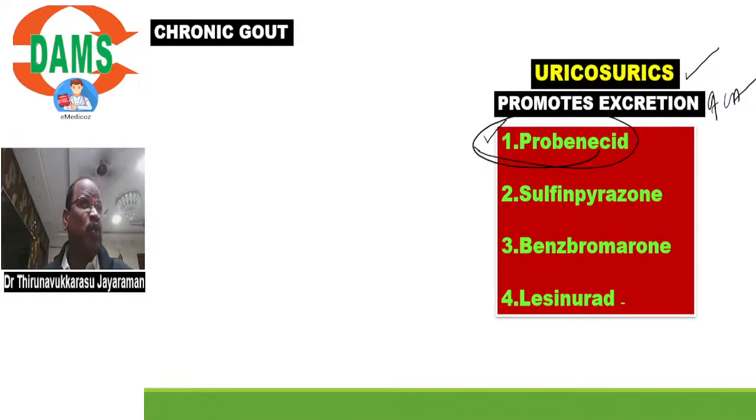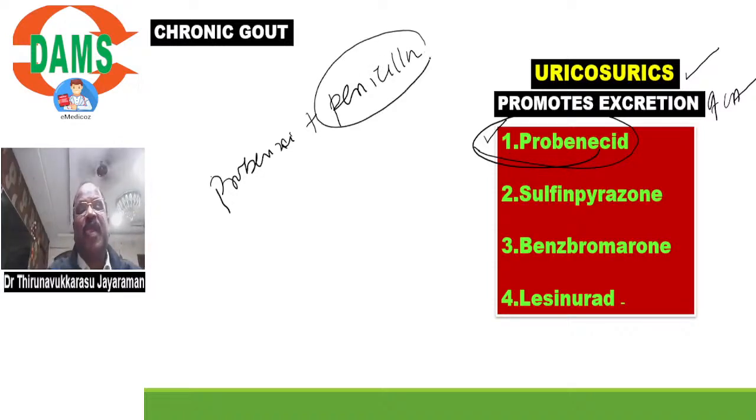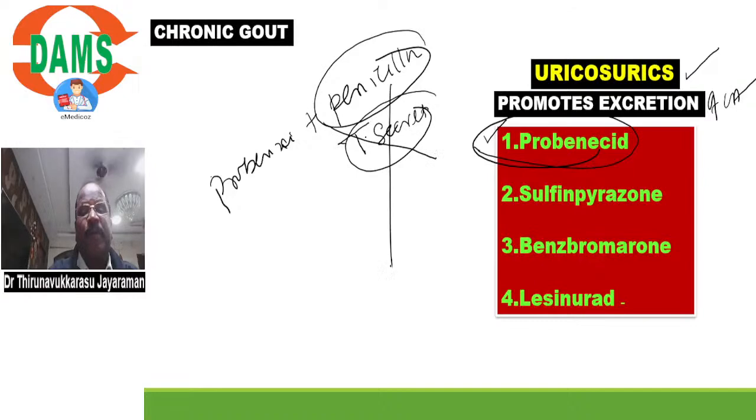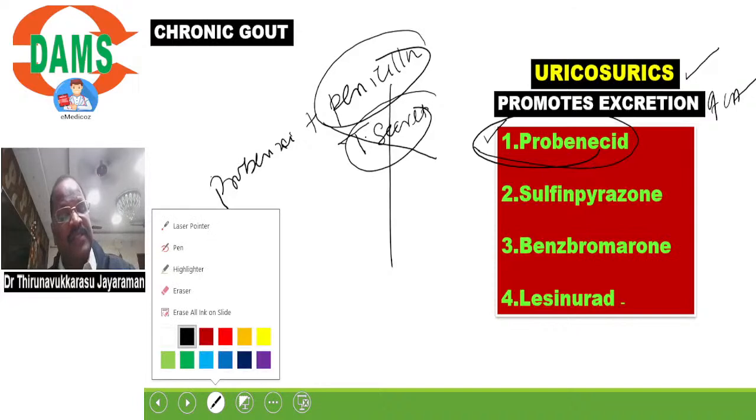But again you should remember probenecid can be added with penicillin for what purpose? Penicillin undergoes excretion through the kidney by tubular secretion. This can be blocked by adding probenecid. That means probenecid can prolong the duration of action of penicillin. That is also important.